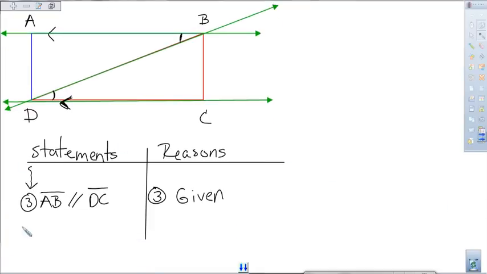So then I'm going to say angle ABD, that's this angle here, ABD, is congruent to angle CDB.